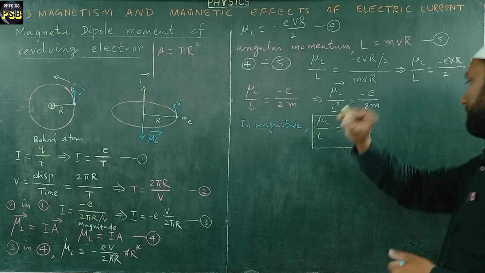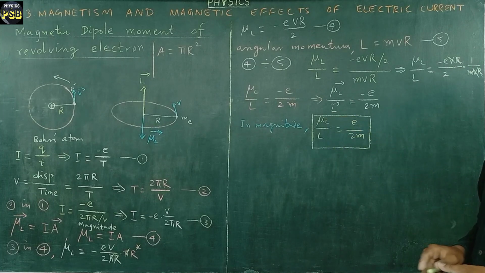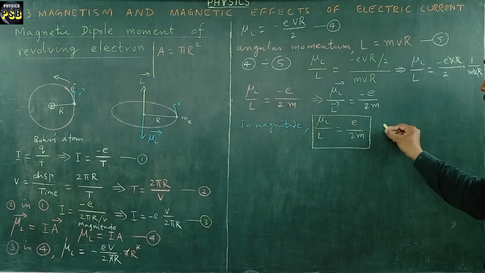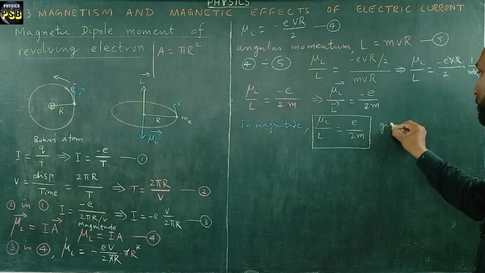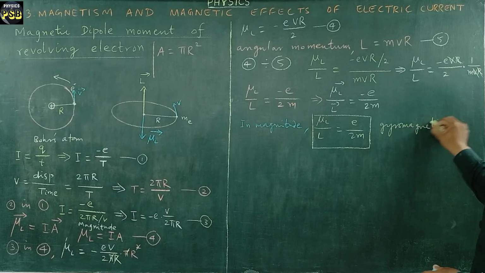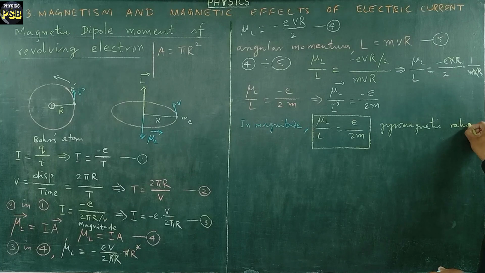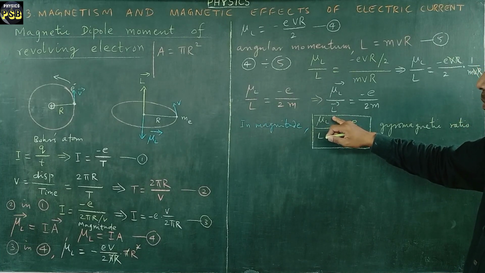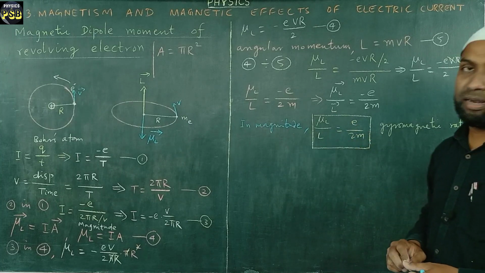Right? So this ratio is also referred to as the gyromagnetic ratio. It relates the magnetic dipole moment with the angular momentum.